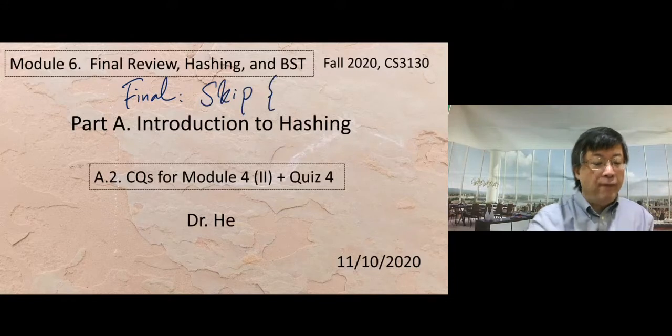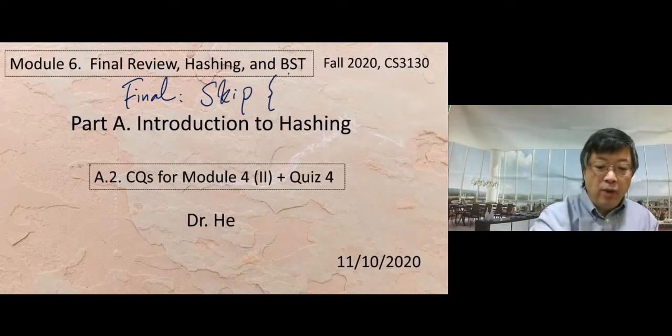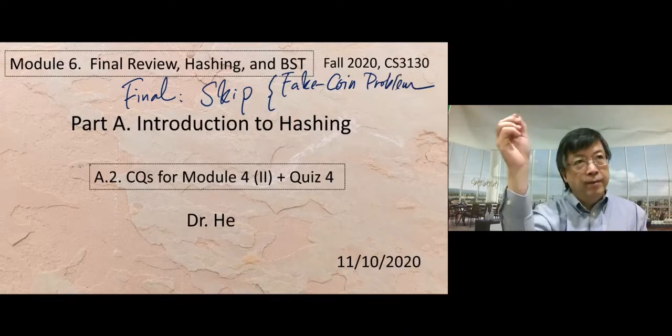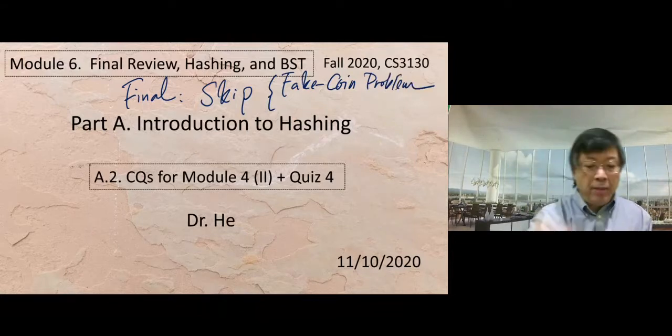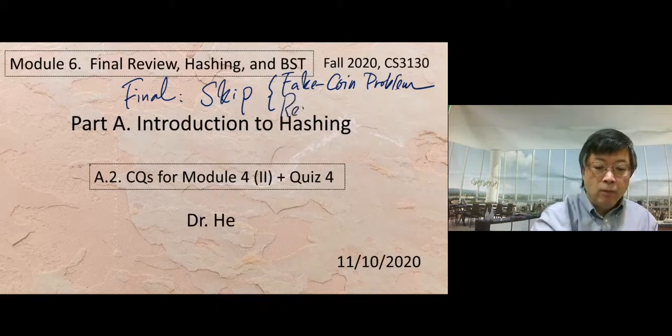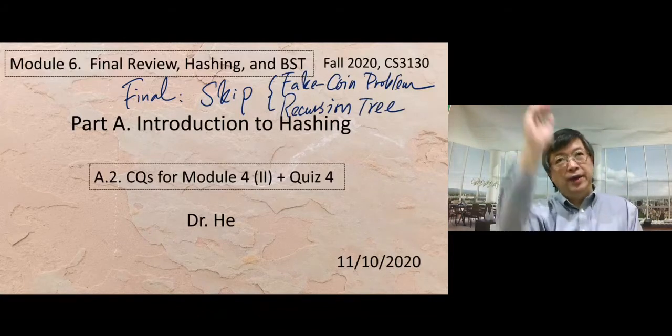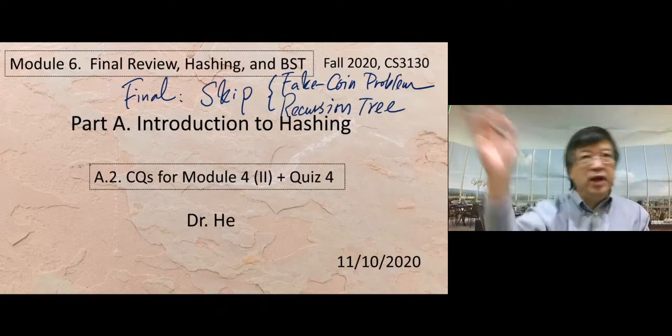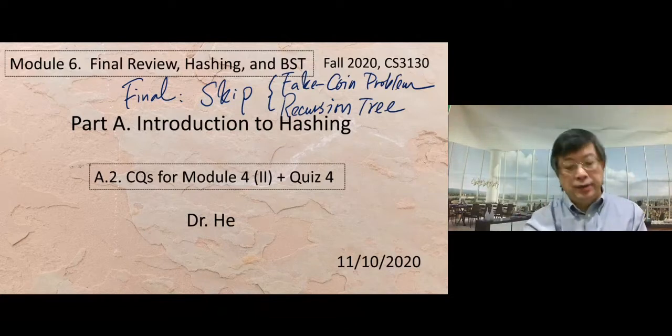The first one, fake coin problem, you can skip. The second one, recursion tree topic. Okay, yeah. Then you just study the remaining topics.